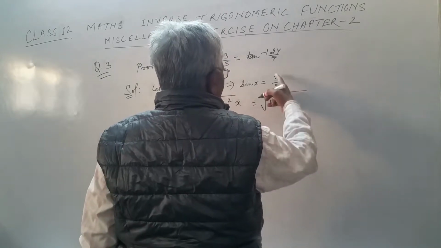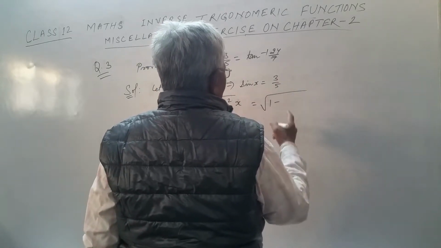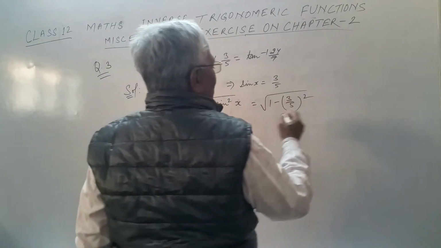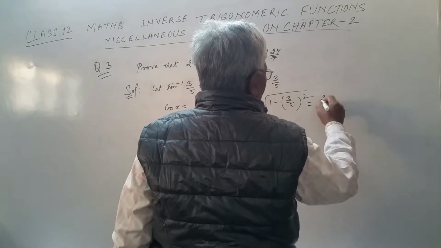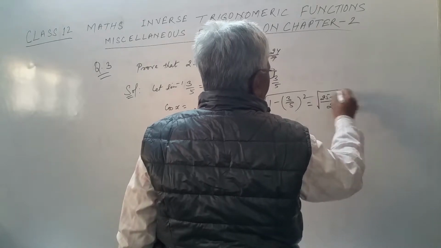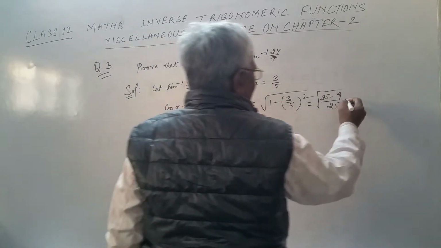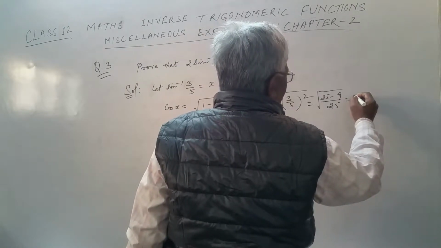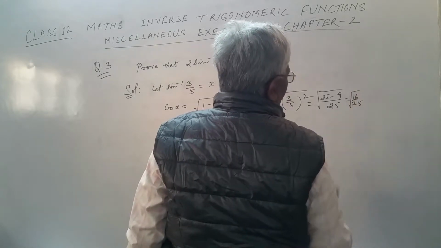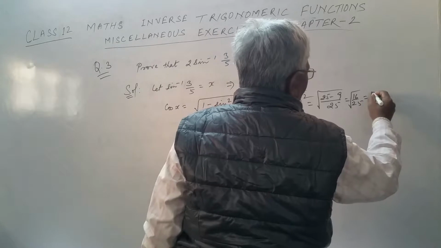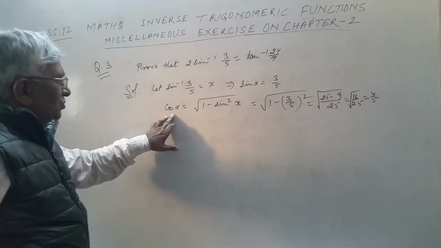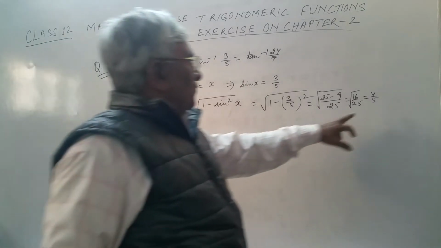Then 1 minus 3 upon 5 square gives 25 minus 9 upon 25. If you solve it, it gives root over 16 upon 25, which is 4 upon 5. That means cos x is equal to 4 upon 5.